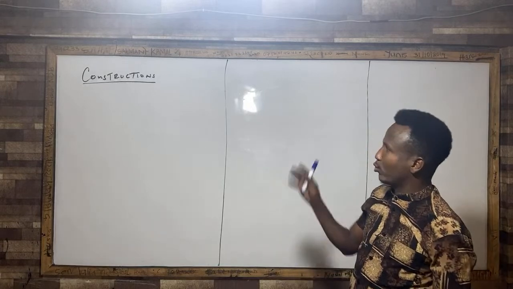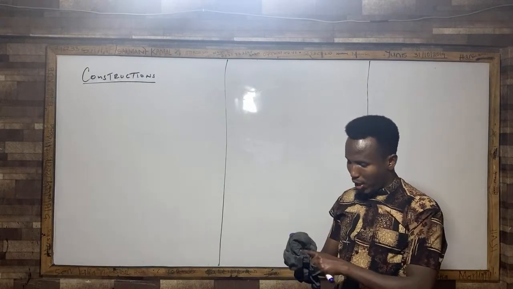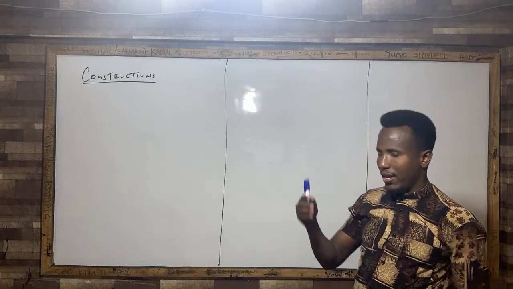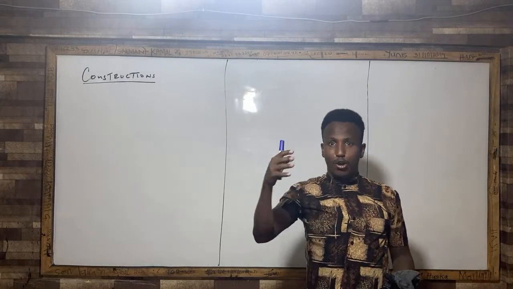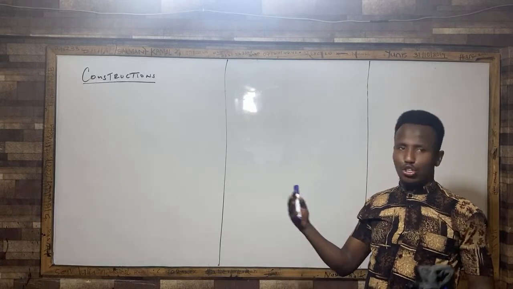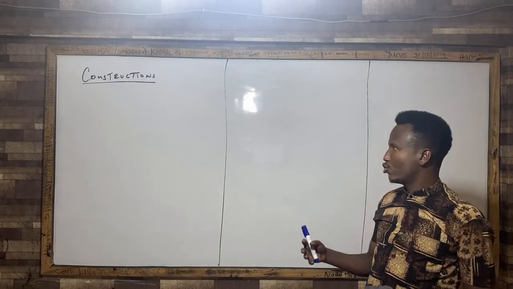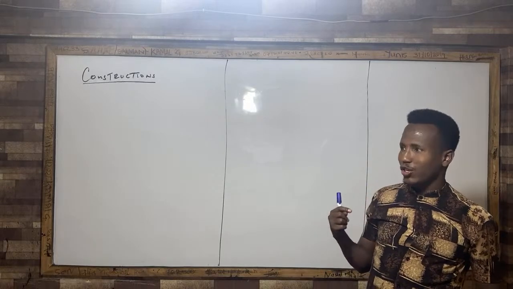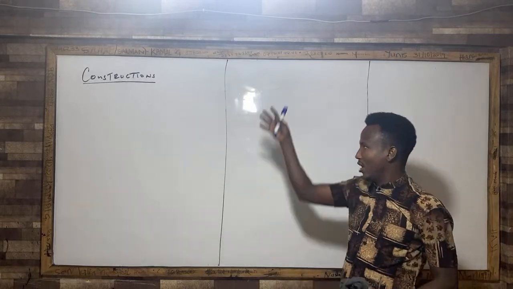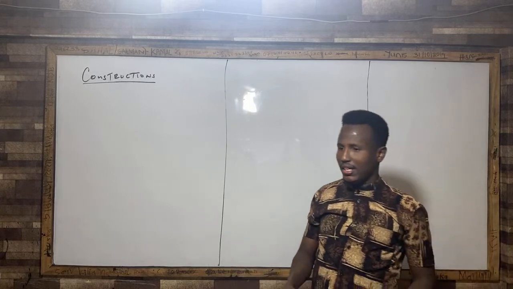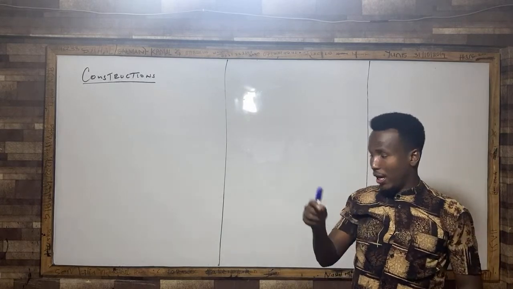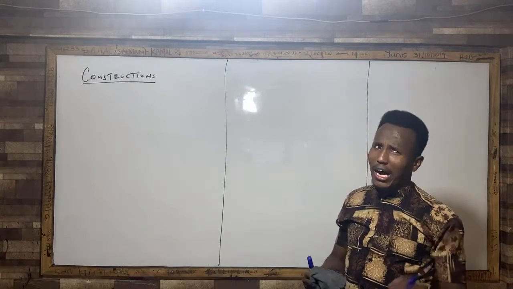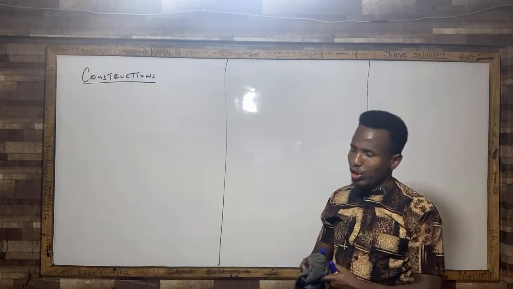When we're talking about construction, we'll be talking about 2 parts: the construction of angle bisectors and the construction of figures. Tonight, God willing, I'm going to cover all angle bisectors that will not require a protractor during the national exam or any other exam, plus all other figures if possible.